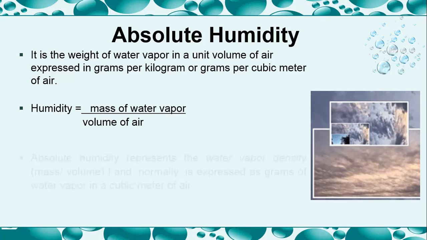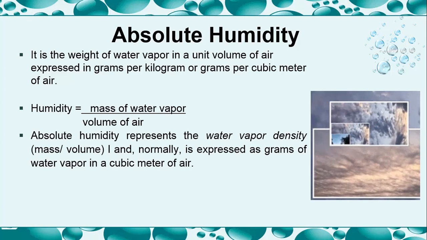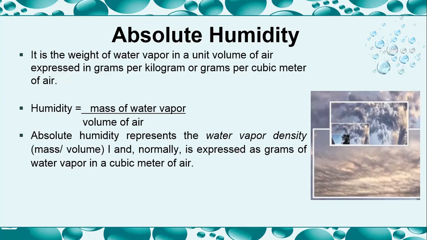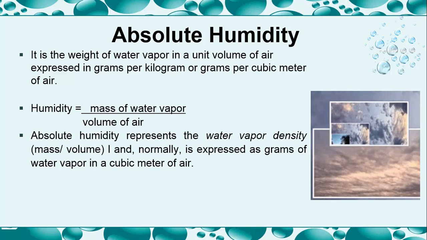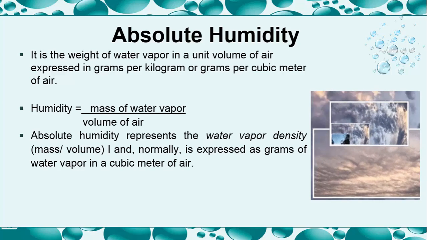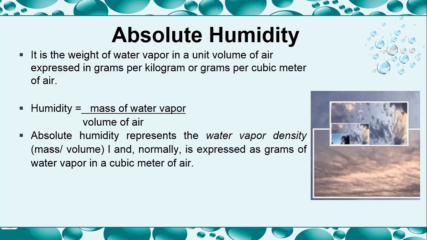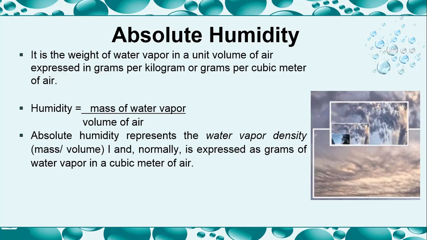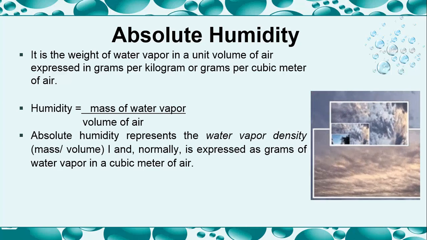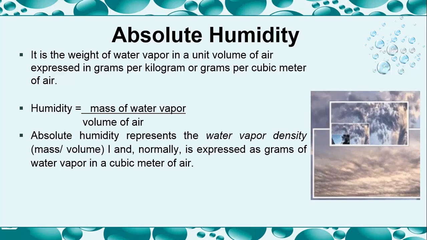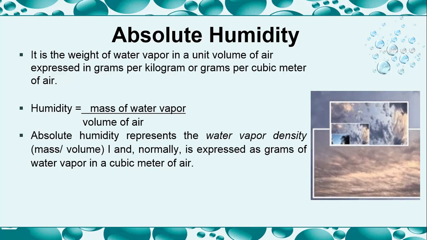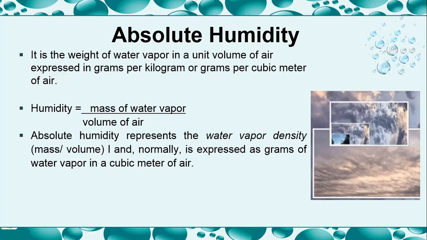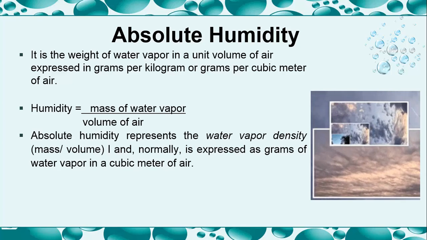Absolute humidity represents the water vapor density or mass per volume and normally is expressed as grams of water vapor in cubic meter of air. For example, if the water vapor in 1 cubic meter of air weighs, let's say, 25 grams, then the absolute humidity of air is 25 grams per cubic meter.